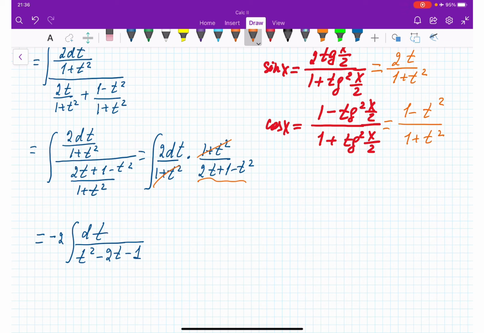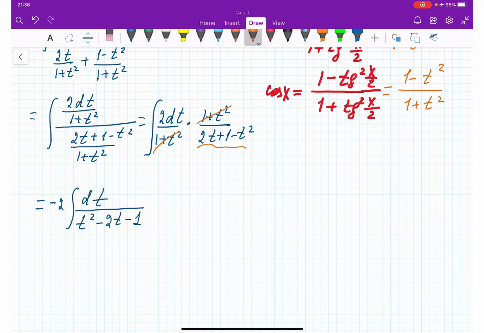So from here, what am I doing? How am I going to complete it? I have negative 2 integral. So look here, t squared minus 2t, and I'm supposed to have plus 1 to complete my perfect square, yes?